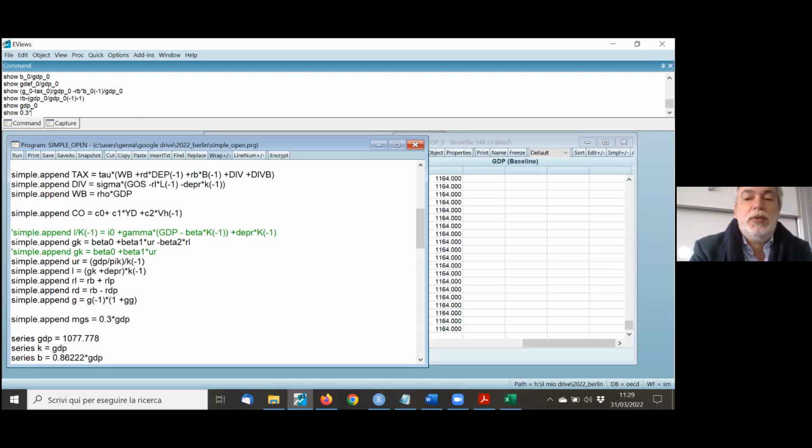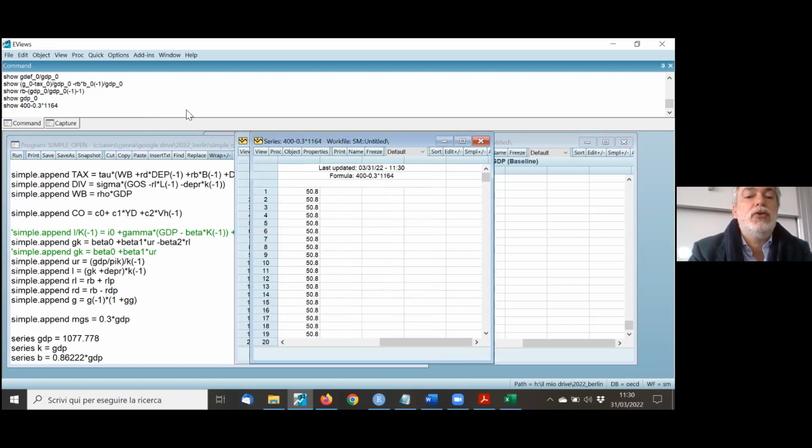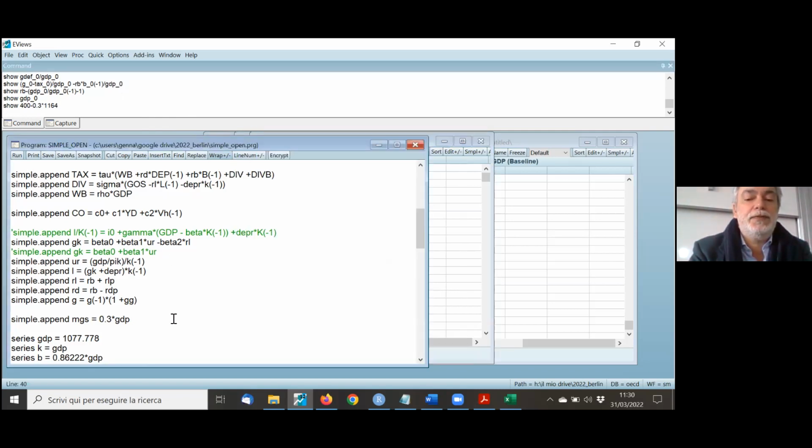If we have 30% of 1164, it's going to be 349.2. Let's say that we want total imports to be 400. So the constant should be 50.8.